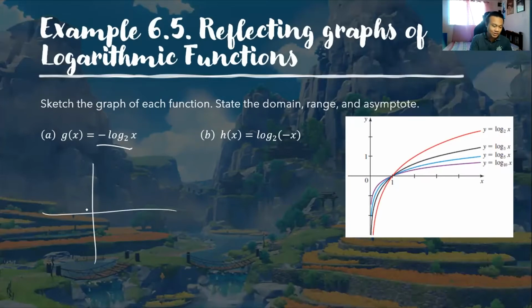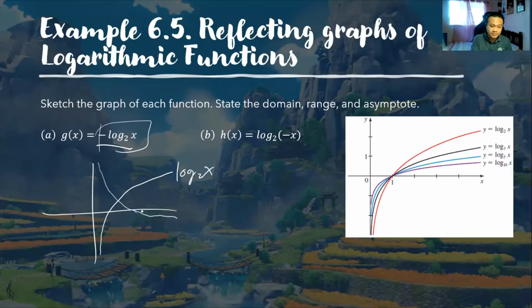Last time, if there is a negative, it must be reflected on the x-axis. So your graph looks like this. So the graph must look something like this, something like that.